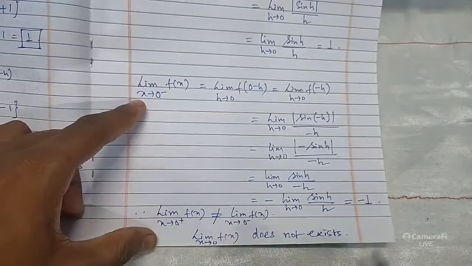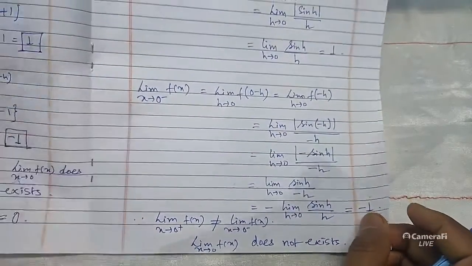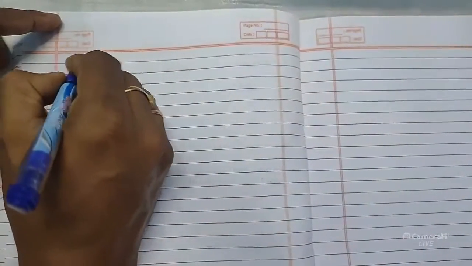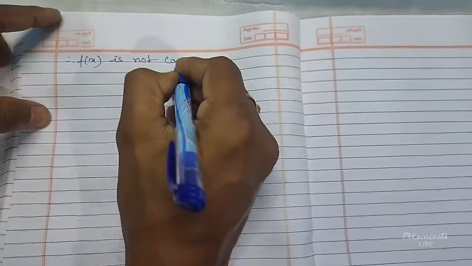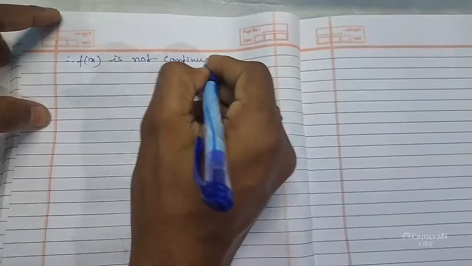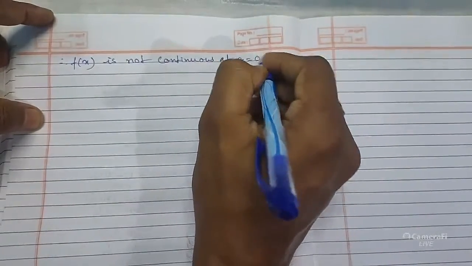And if the limiting value does not exist, that means the function is not continuous. Therefore f(x) is not continuous at x equals 0.